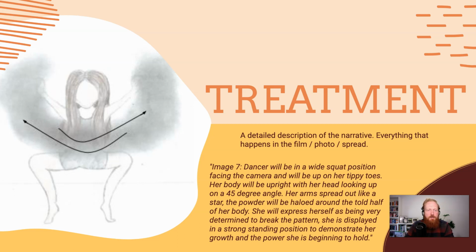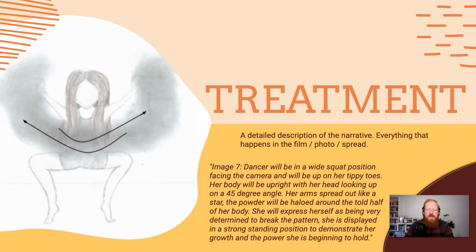And so an example of a treatment for a photo describes this mock-up that you can see on the left. A dancer will be in a wide squat position facing the camera and will be up on her tippy toes. Her body will be upright and her head looking up on a 45-degree angle. Her arms spread out like a star.